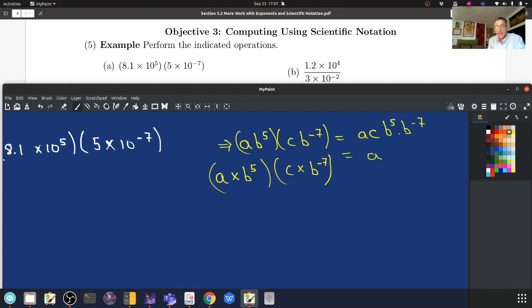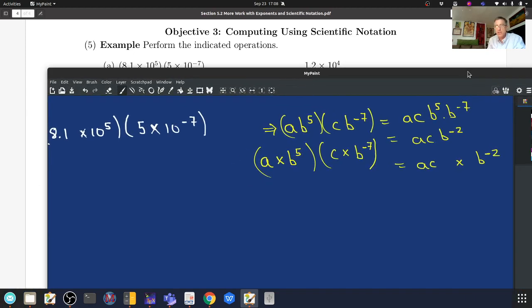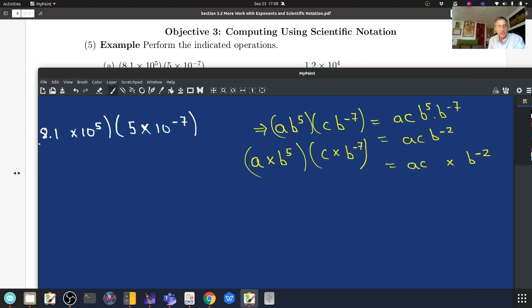So it's AC B to the minus 2, which could be written as AC times B to the minus 2. So that's exactly the technique that's going to allow us to solve this problem.